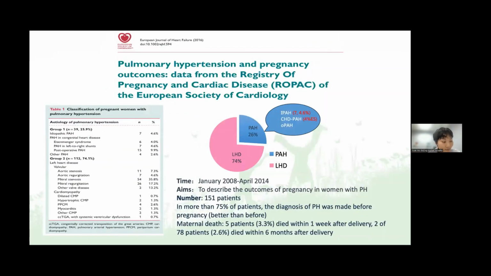A registry from Europe included 151 patients from 2008 to 2014.